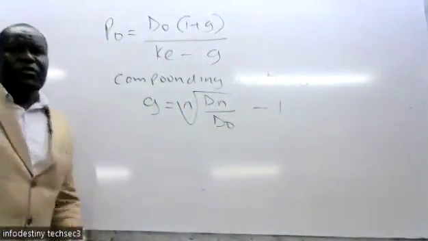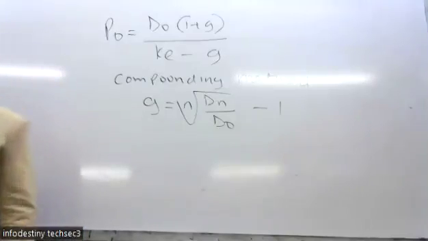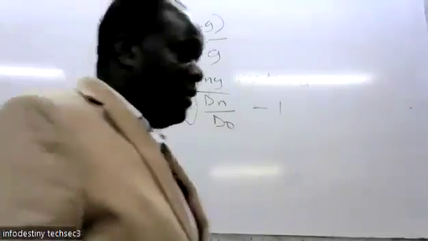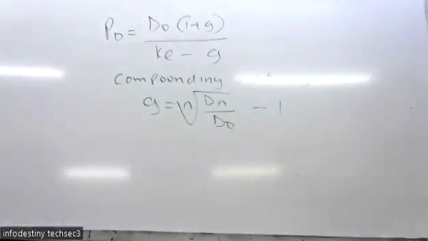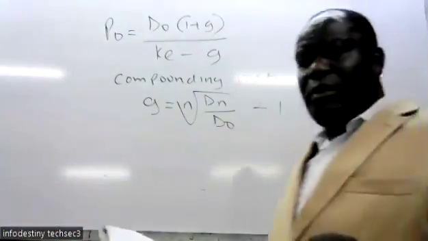So to calculate g, it will be equal to the nth root of Dn divided by D0, then we minus 1. At that question, I want us to go to the question.